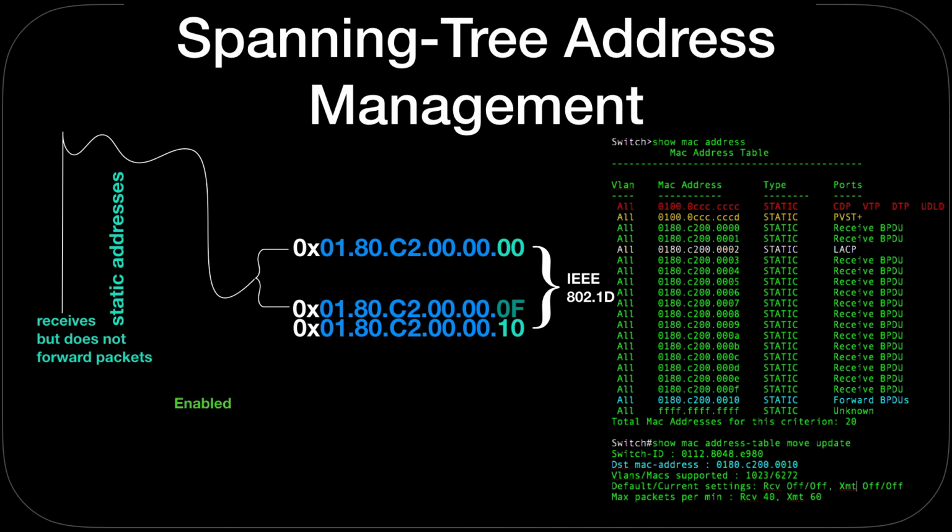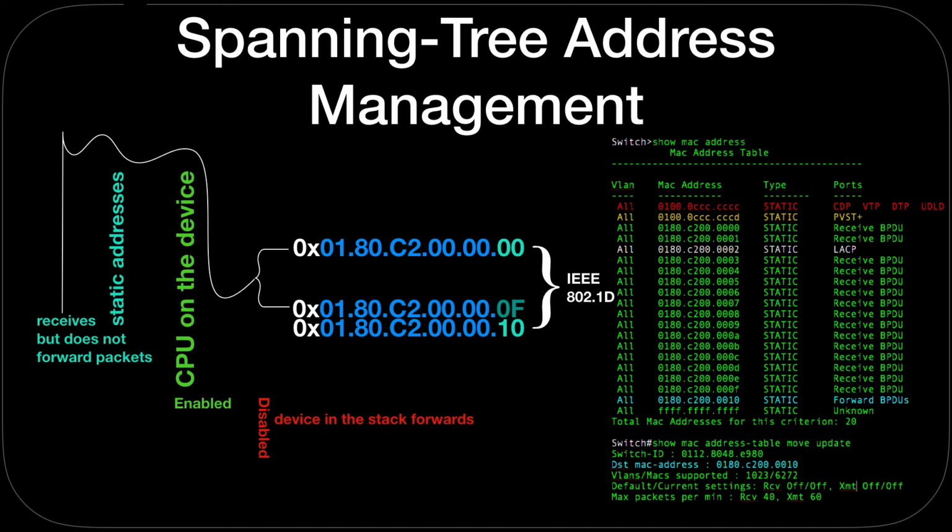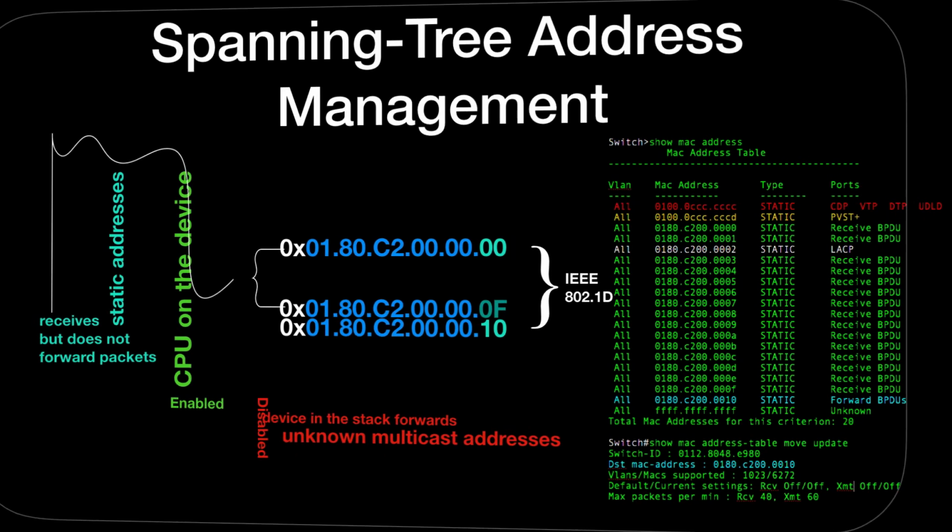If spanning tree is enabled, the CPU on the device or on each device in the stack receives packets destined for hex 00 and hex 10. If spanning tree is disabled, the device or each device in the stack forwards those packets as unknown multicast addresses.